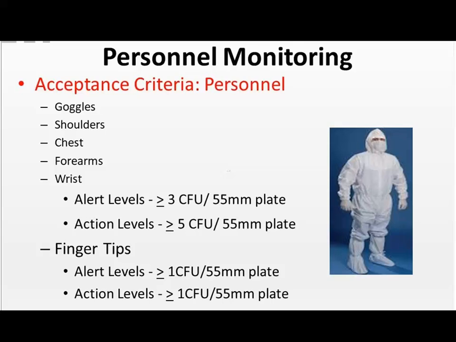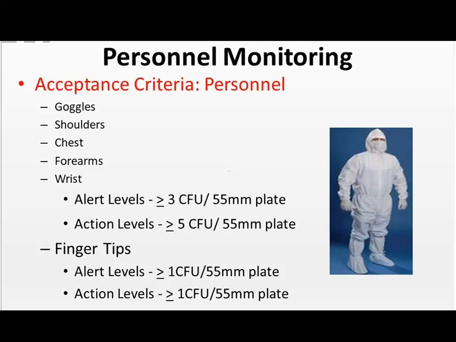We want to know, particularly for employees and personnel entering sterile manufacturing areas, that they're carrying in little to no bioburden. That is why these limits are so low. On their fingertips, you notice that the limits go down even further to greater than or equal to 1 colony-forming unit, and the action and alert level is the same. Why? Because the fingers are handling product. This is closest to product contact.